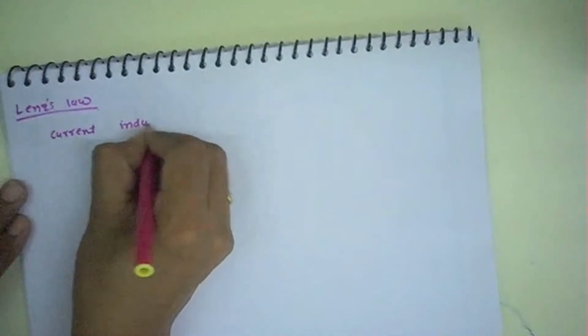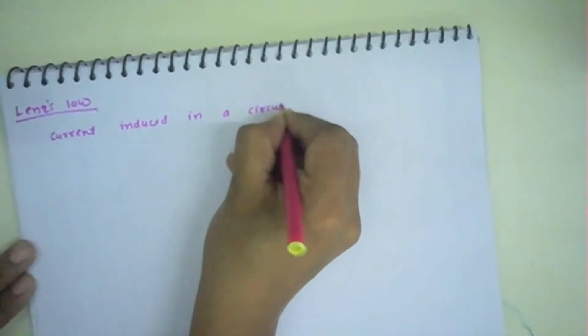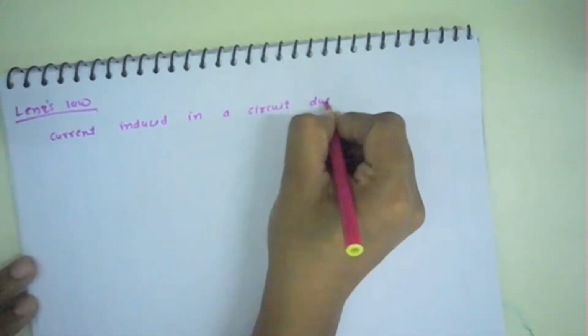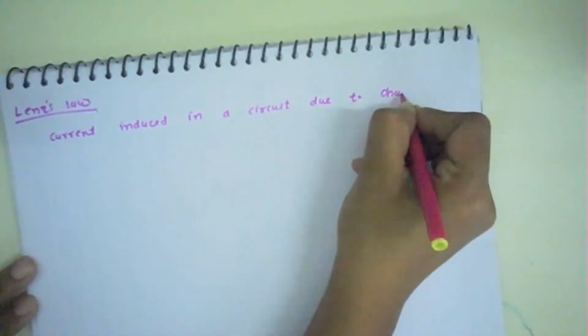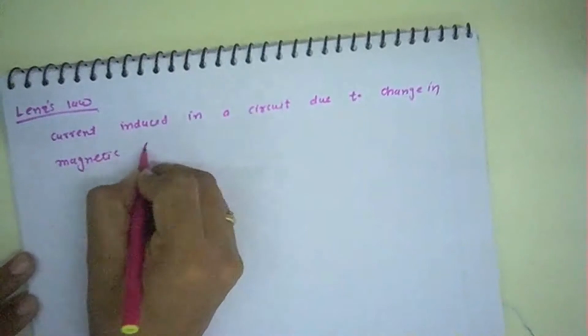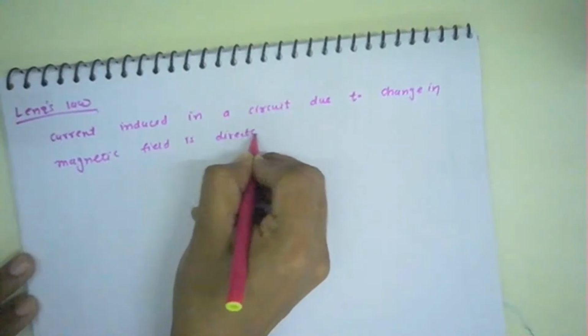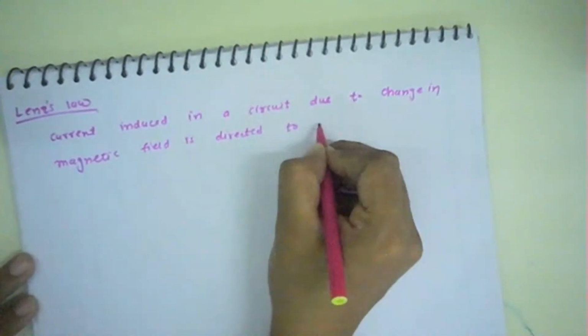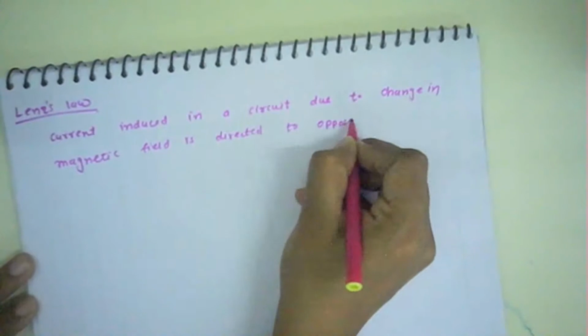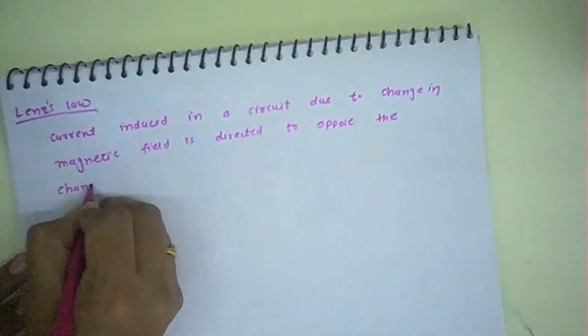The current induced in a circuit due to change in magnetic field is directed to oppose the change in the flux.